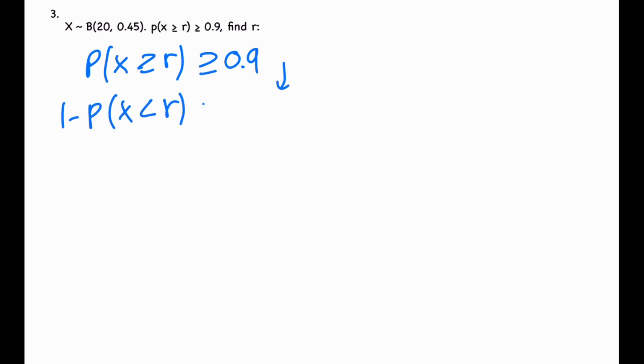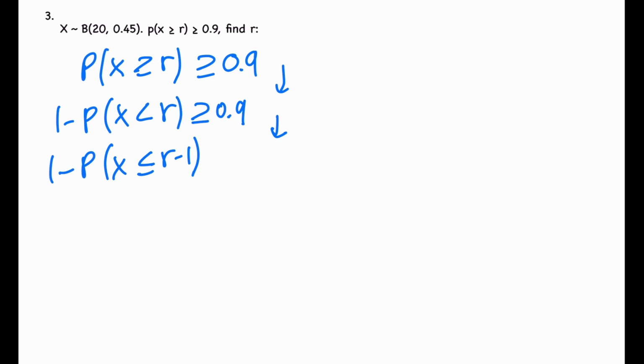In this case, we would write it out: P of X is greater than or equal to r is greater than or equal to 0.9. Now you can write this as 1 minus the probability of X is smaller than r is greater than or equal to 0.9. And you can also write this as 1 minus the probability of X smaller than or equal to r minus 1.